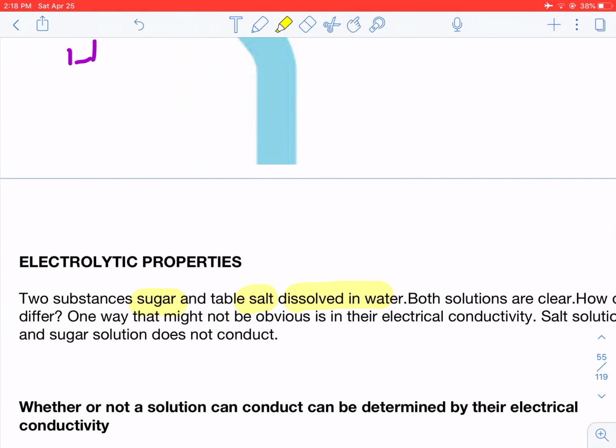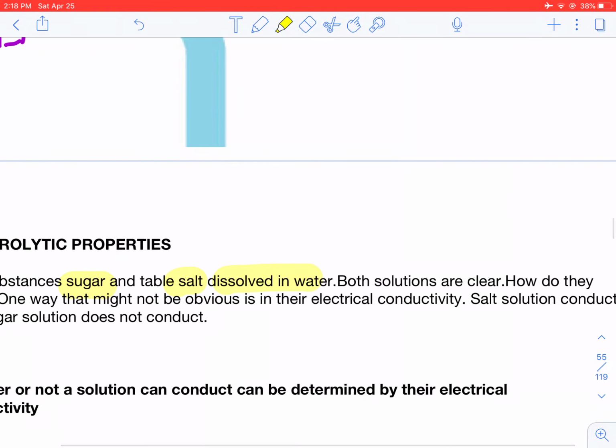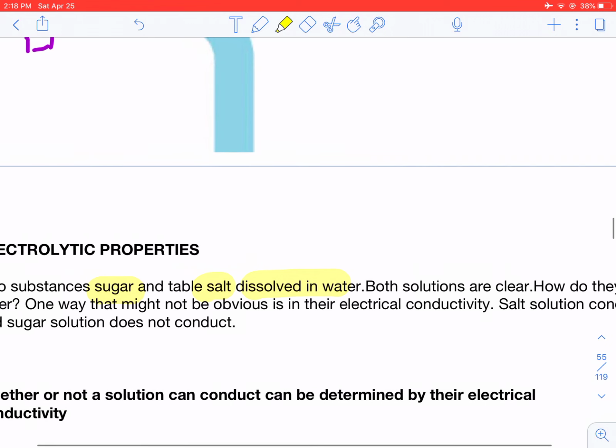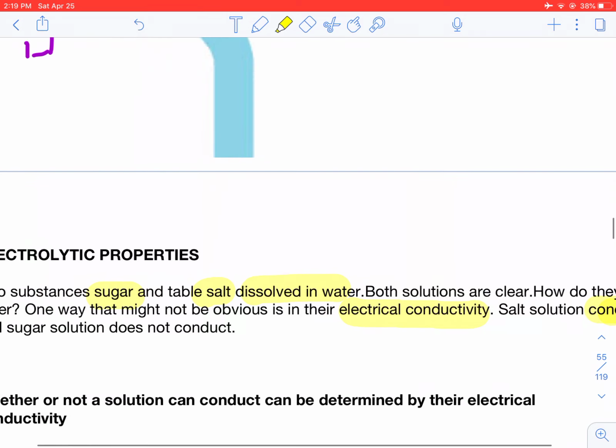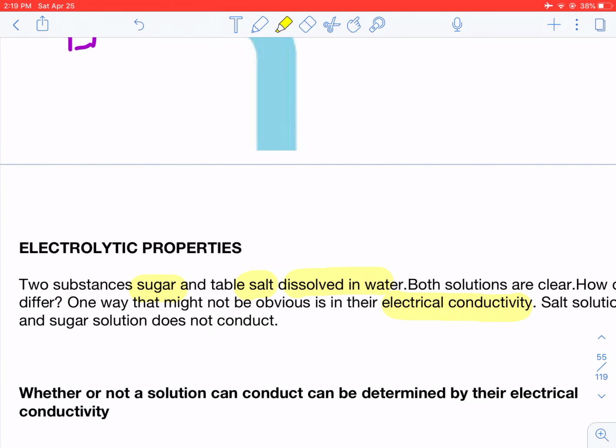So how do these substances differ? One difference that might not look too obvious is electrical conductivity. Salt solution conducts electricity and sugar solution does not conduct electricity.